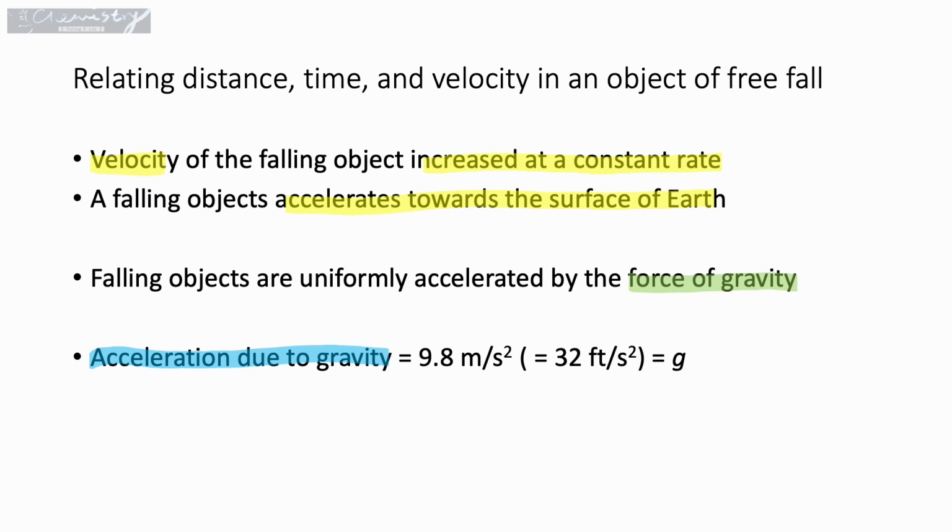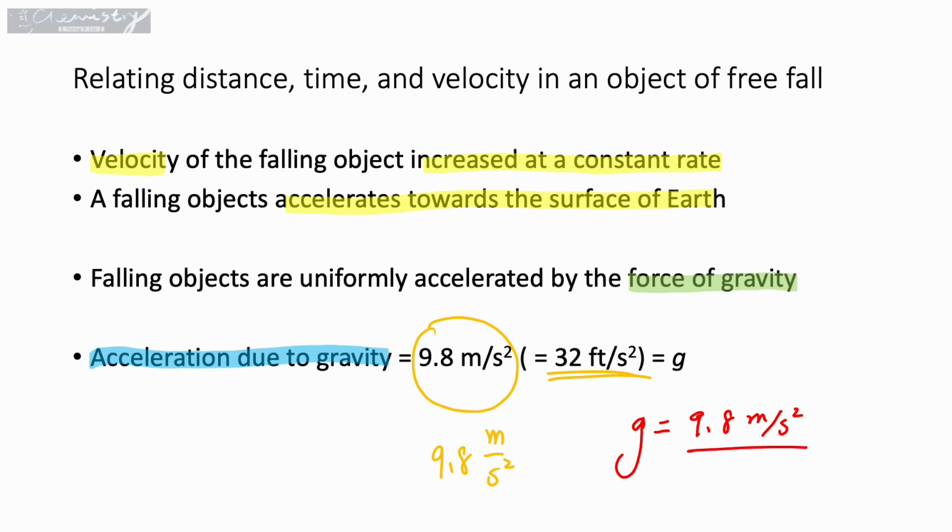This number is always going to be 9.8 meters per second squared, or 32 feet per second squared. Because it is such a constant that we use very often, we identify it as lowercase g. This g represents the acceleration due to gravity, and on Earth, it is 9.8 meters per second squared. So every time you see g in the equation, we know it is this number with that particular unit.